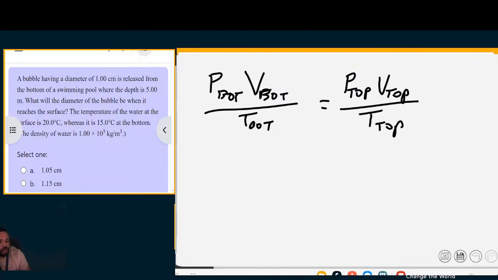Now we've worked out the temperature at the bottom, temperature at the top, pressure at the bottom, pressure at the top, volume at the bottom. We can work out volume at the top.